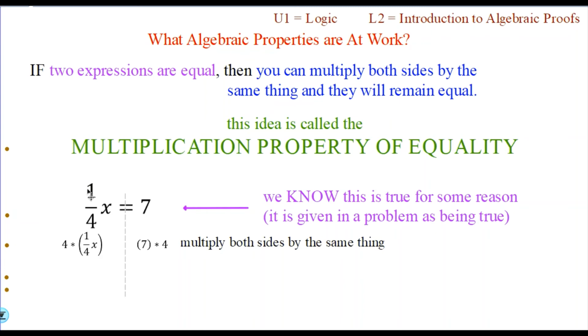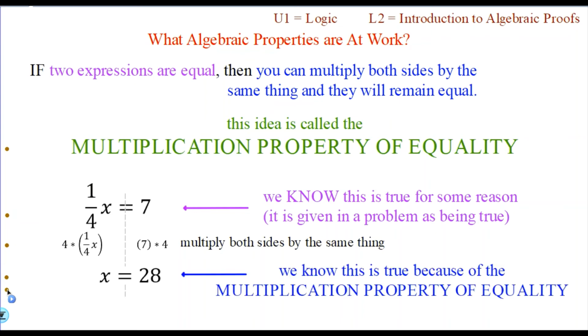So we're multiplying by 4 to get rid of the 4 in the denominator here on the fraction. Same thing to both sides. Multiply both sides by 4, and you end up getting 1x on the left side and 28 on the right side. How do we know x equals 28? How do we know that's a true statement? It's because this multiplication property of equality says it is. If you start off with something true, you end up with something true when you multiply both sides. That's what this multiplication property says.